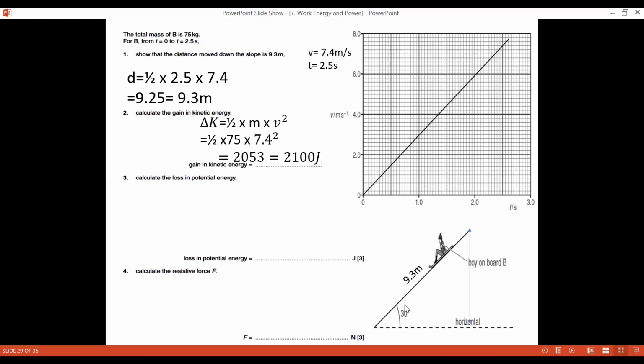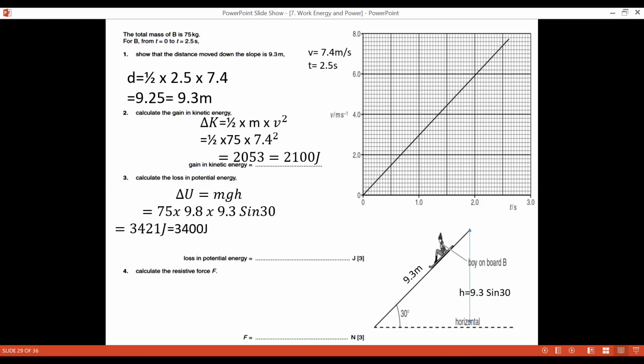We know the inclined plane length is 9.3, but that is not your h. h is the vertical height, which can be calculated as 9.3 sin 30 using trigonometric ratios. So for mgh, h is the vertical height, 9.3 sin 30, and you get the answer as 3400.